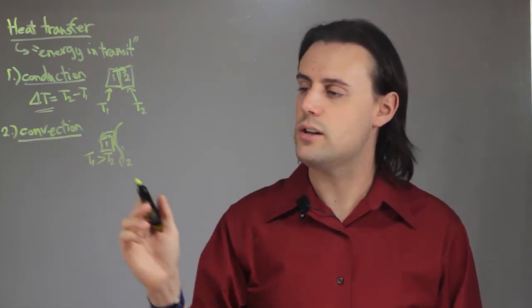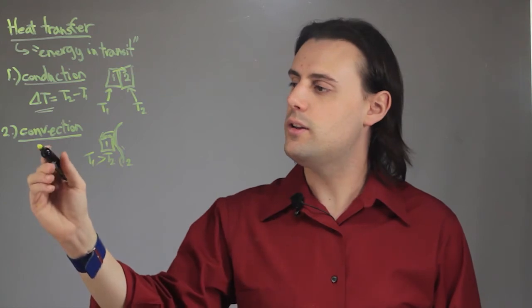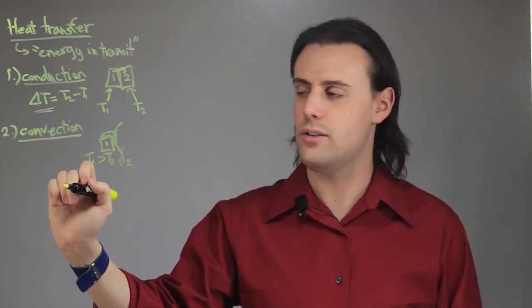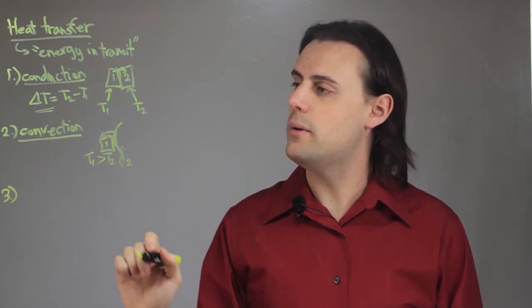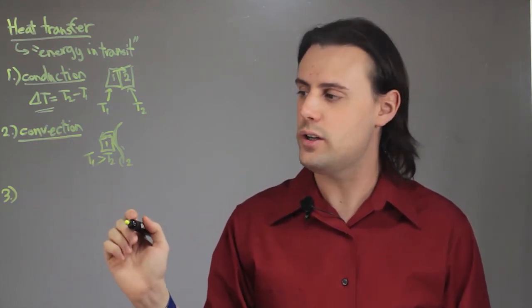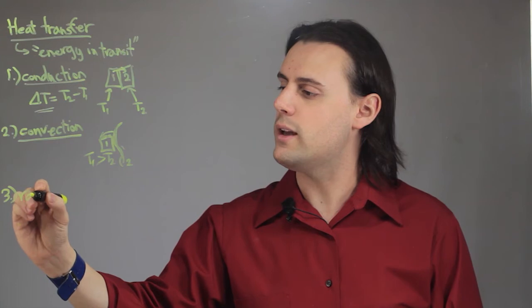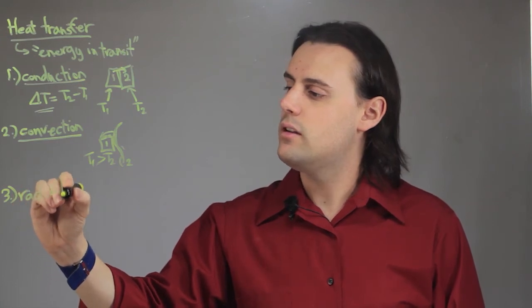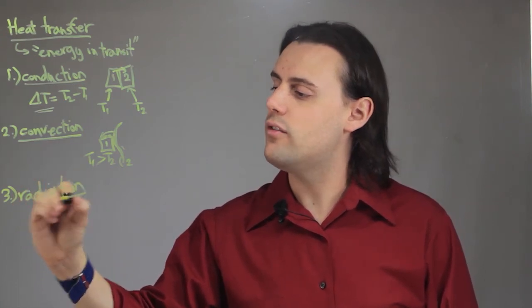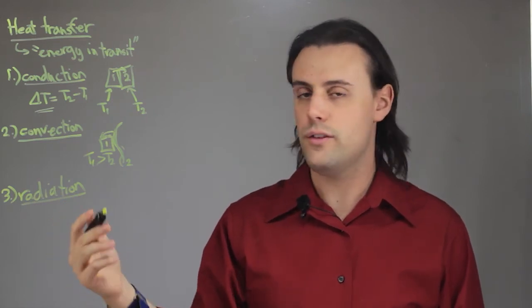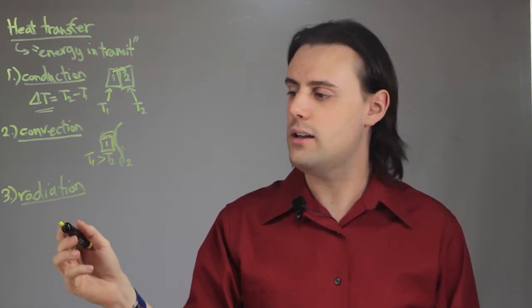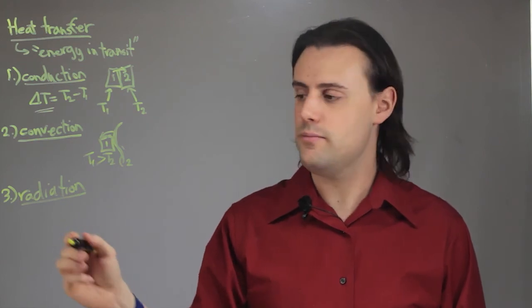And this convection can actually occur between different gases as well. The third common method through which heat is transferred is known as radiation. So, if a material is hot enough, it can radiate heat, or if it's radioactive, it can radiate radiation.